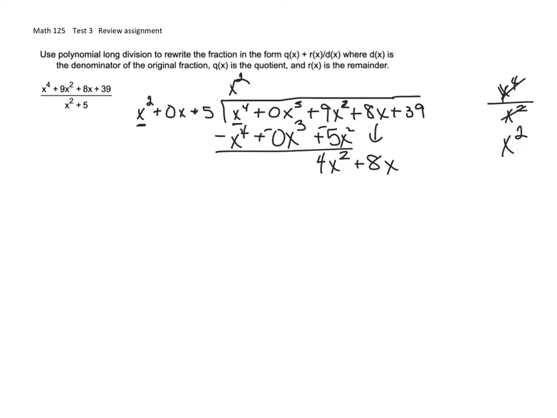So we have x squared here again going into 4x squared. What do I need to multiply to get 4x squared? Well, we have the x squared already, so we just need a plus 4. So we're going to multiply 4 by each term. So 4 times x squared is 4x squared, which is what we want because we want these to subtract out to give you 0. 4 times 0x is 0x, and then 4 times 5 is 20.